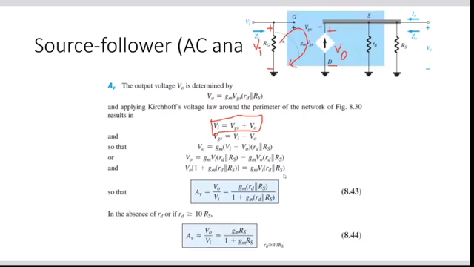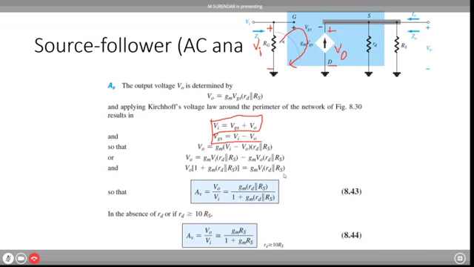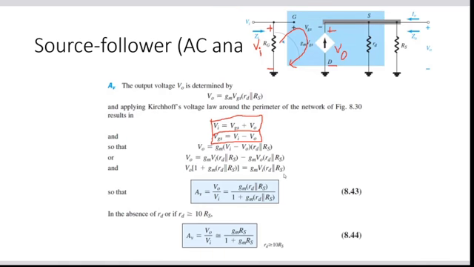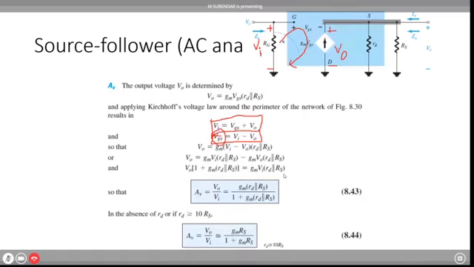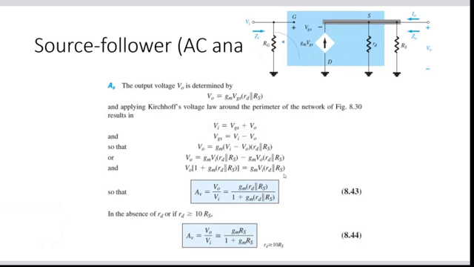Now rewriting the equation again, VGS is equal to VI minus V naught. Substitute this VGS equation here in the earlier equation, so that we end up with an equation which has both the output voltage and the input voltage terms.